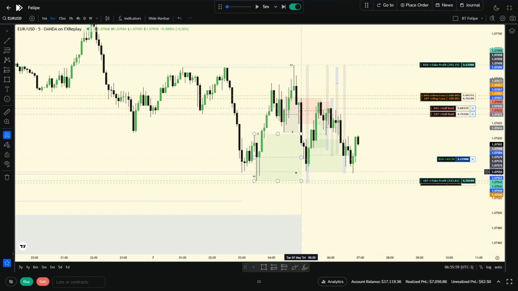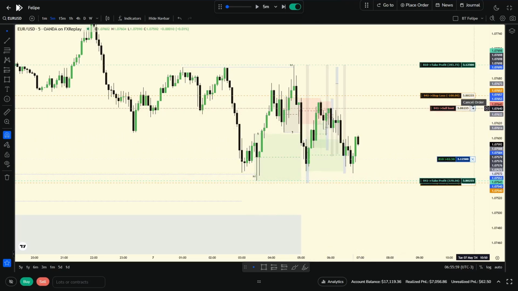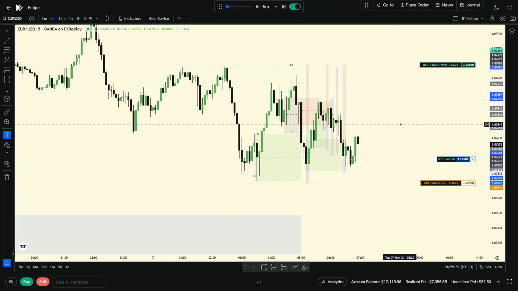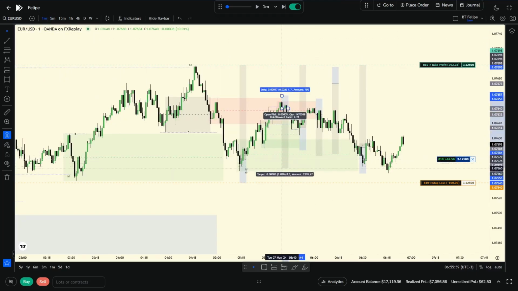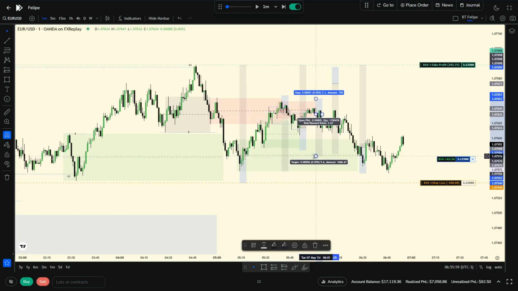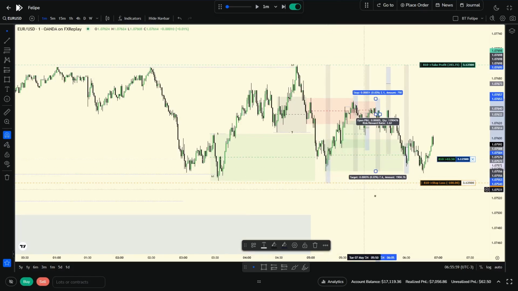Target was here, was not here. So now there's no point in these longs again. This would be the correct target. I was thinking about targeting here just because I already had the long.